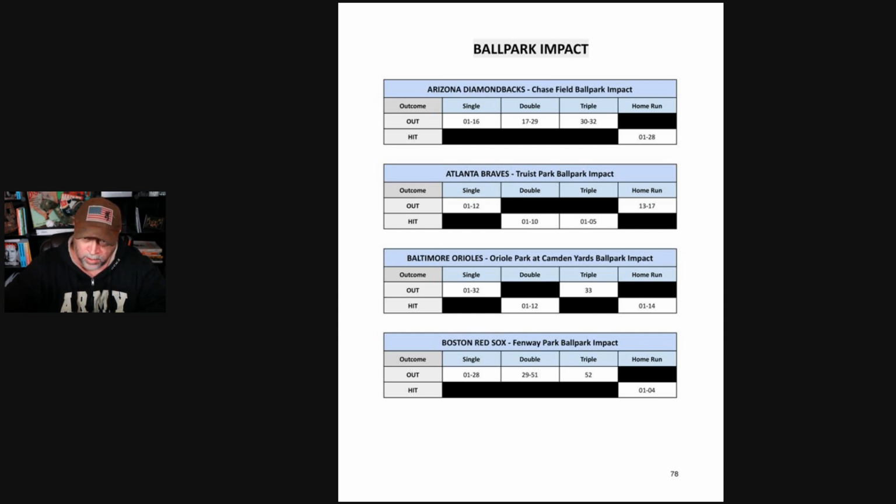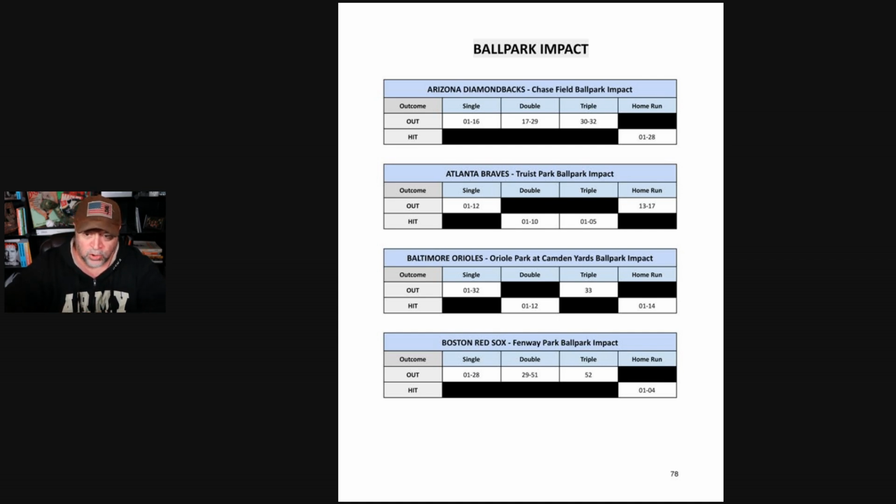On a home run, though, you can see the numbers 1 to 28. So if your batter rolled a home run after getting a park check, and you roll a 1 to 28, that home run is taken away and turned into a flyout. This is because home runs are a little bit stingy in Chase Field.